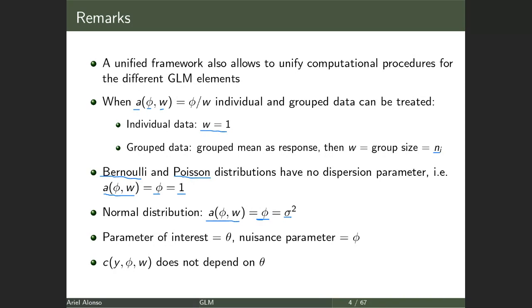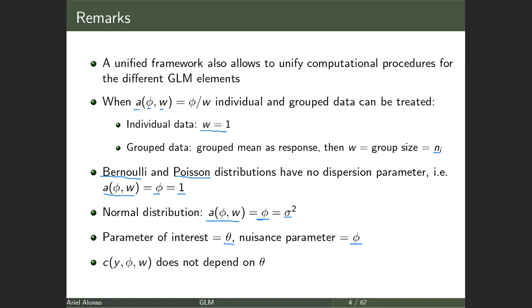And typically, when you're dealing with these univariate exponential family distributions, you are interested in theta, and this dispersion parameter psi is more like a nuisance parameter. If you remember, when you deal with linear regression, you are more interested in the mean, and then the sigma squared, the variance of the model, is something you estimate because you need it to do inference, but it's more like a nuisance parameter.